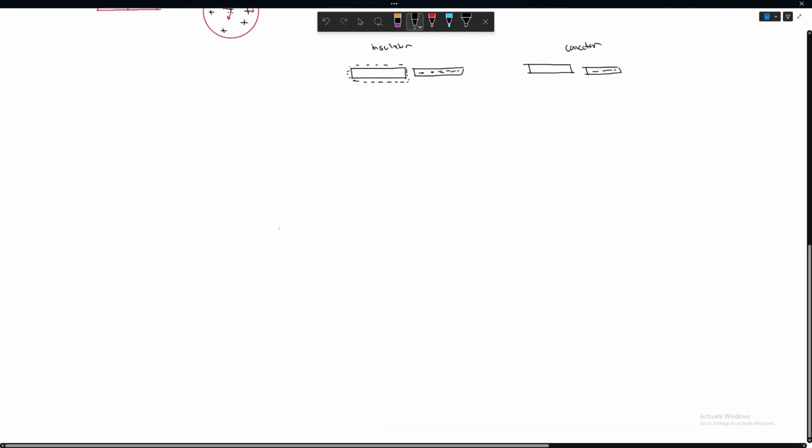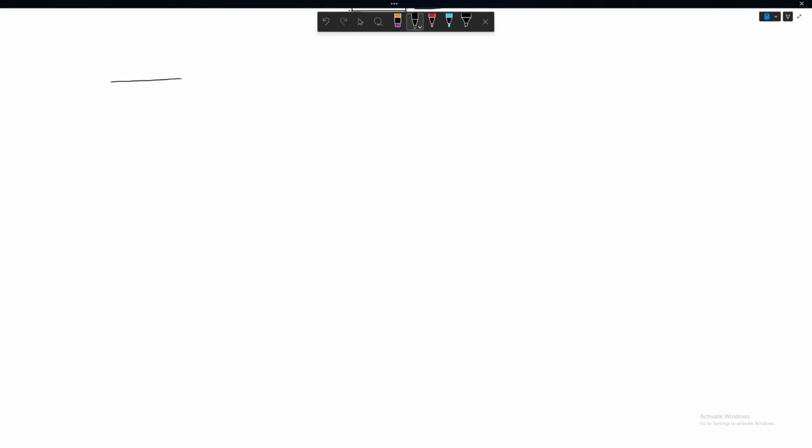All right. So now it comes into polarization. So when I take a rod that is positive and I bring it near another insulator. So these are two insulators. Insulator.